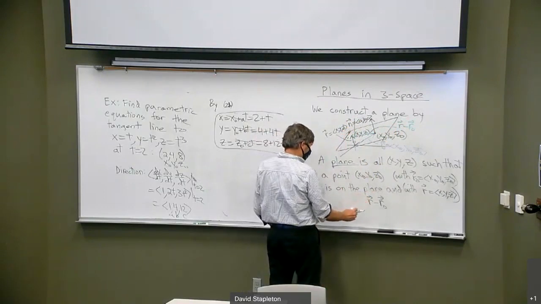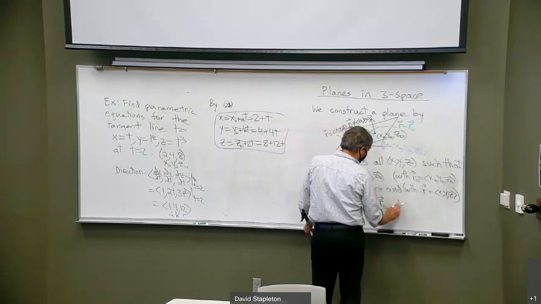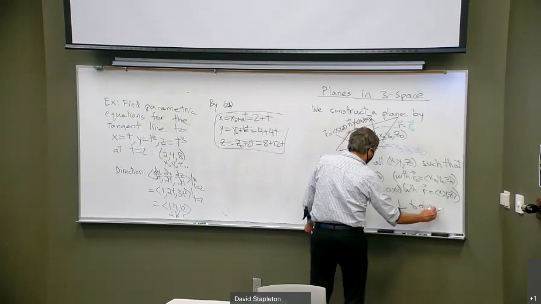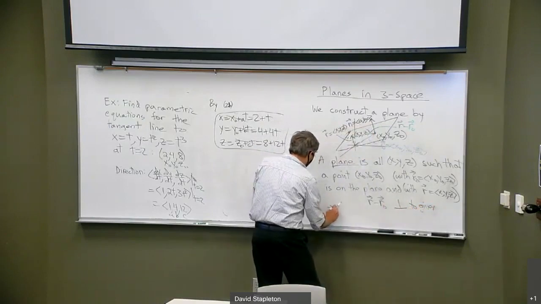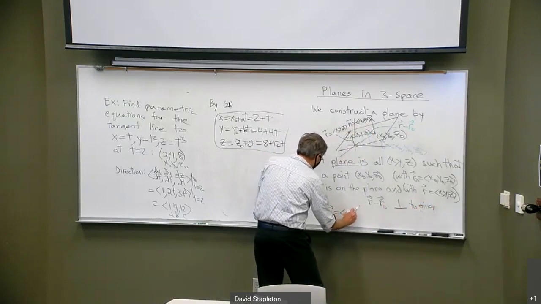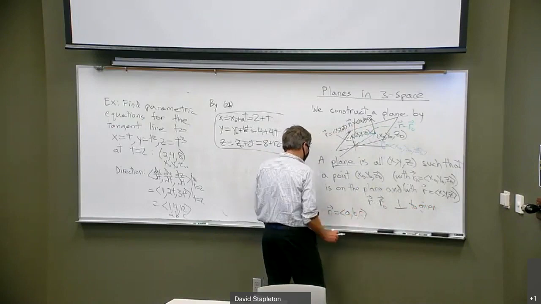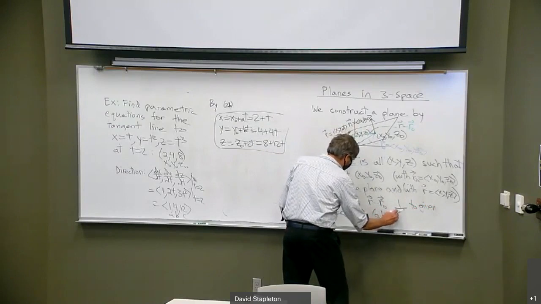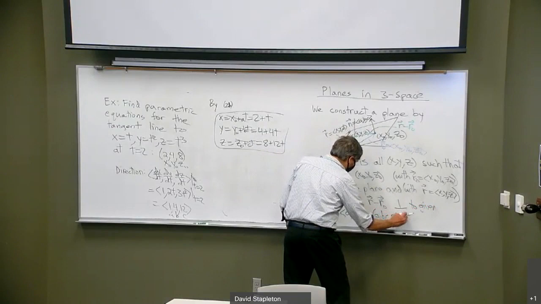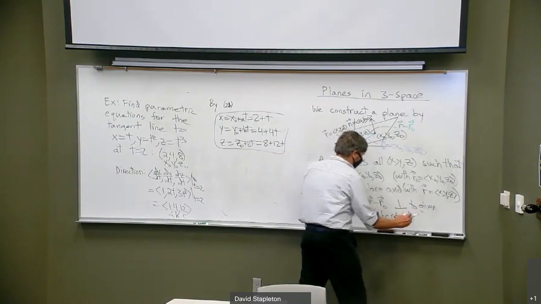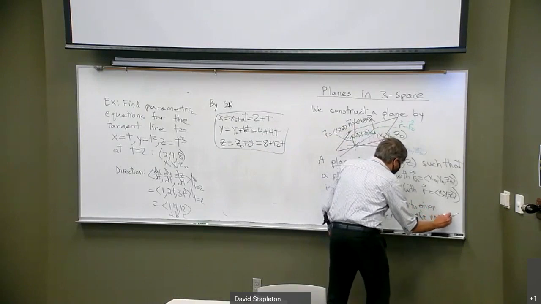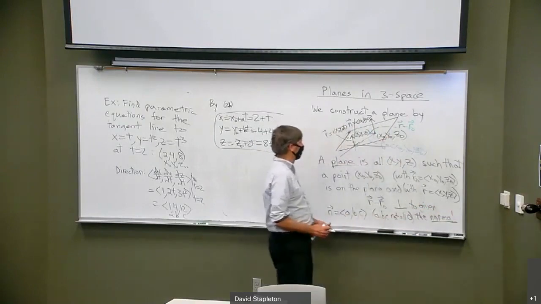With r minus r0 perpendicular to a given n with some components a, b, c, not all 0. Otherwise, it's just a 0 vector. It doesn't have a direction. It's called the normal vector. So given a point and a normal vector determines a plane.